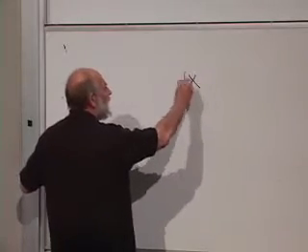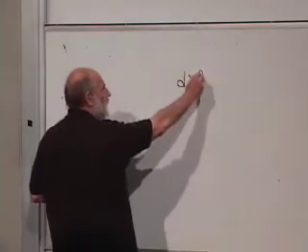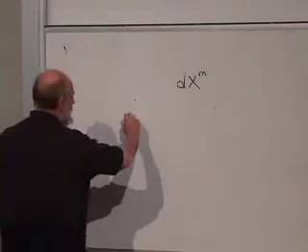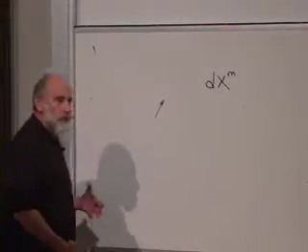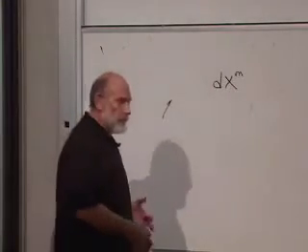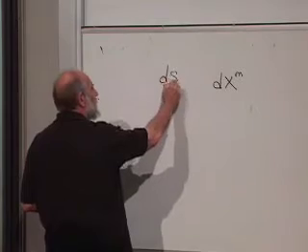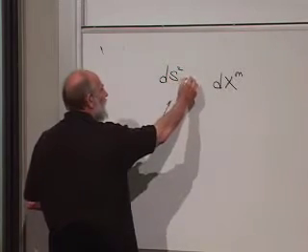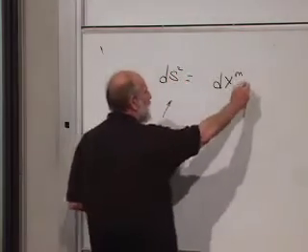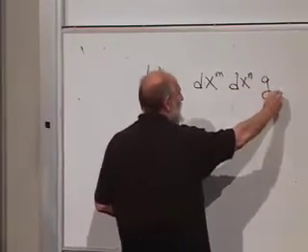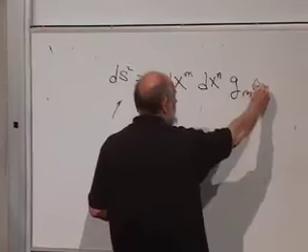If I have a set of differentials dxm, then that corresponds to two neighboring points, and we can ask what's the distance between them? The distance between them squared is called ds squared, and it's given by dxm dxn times the metric tensor gmn of x.